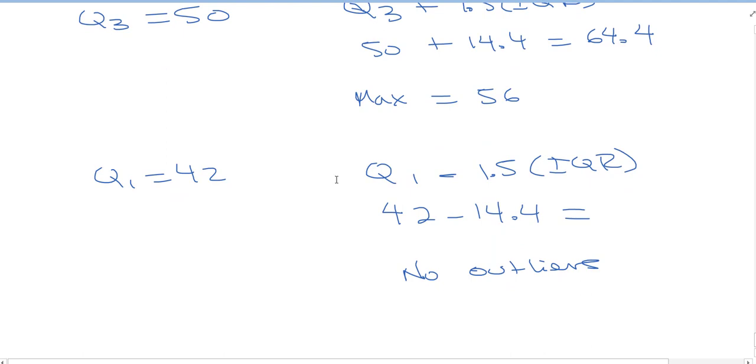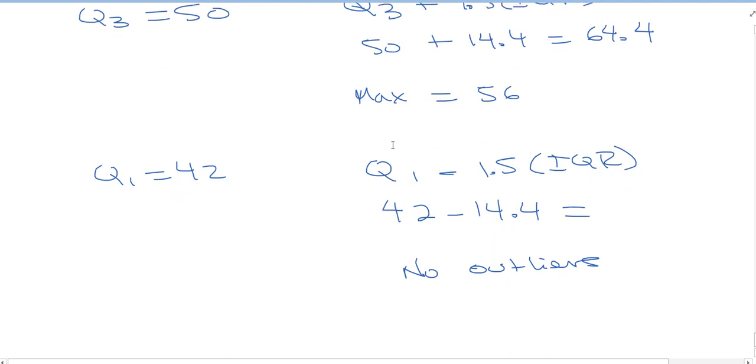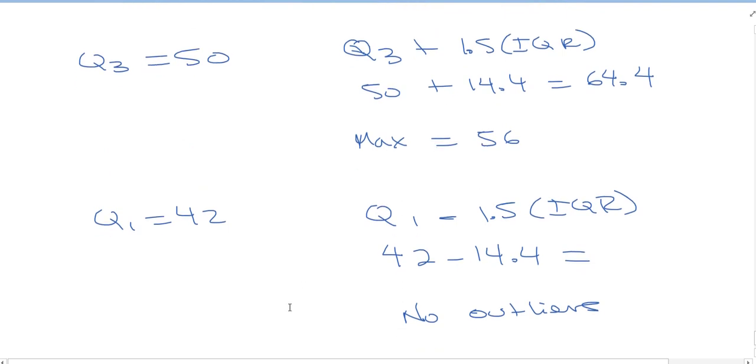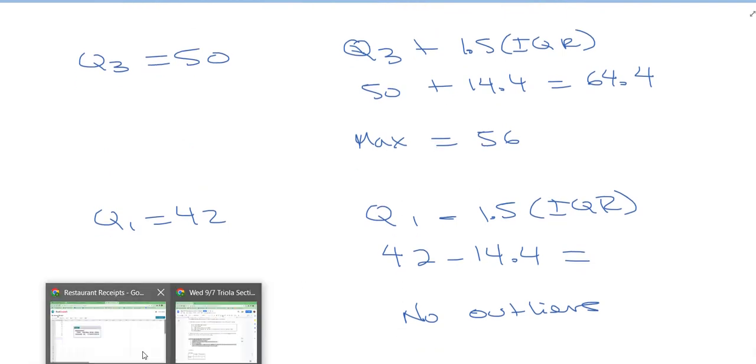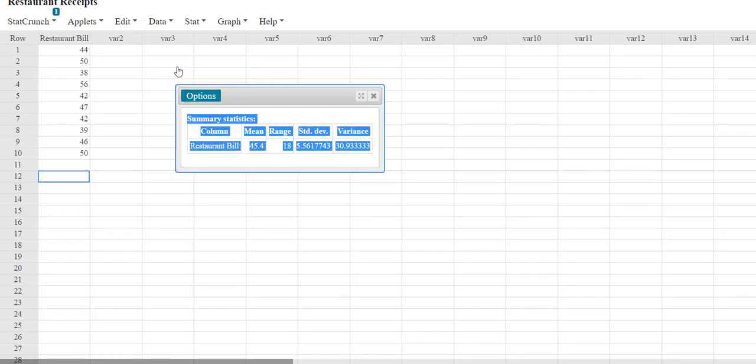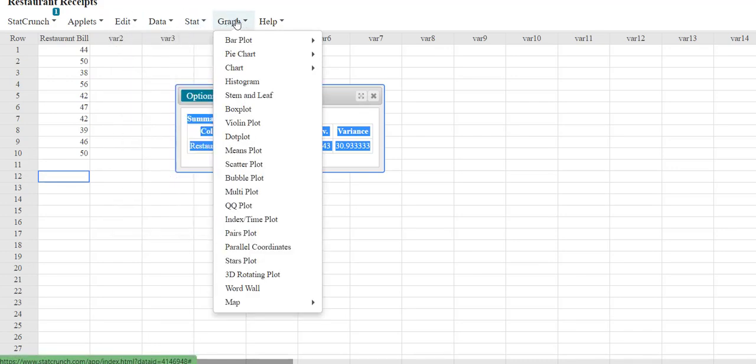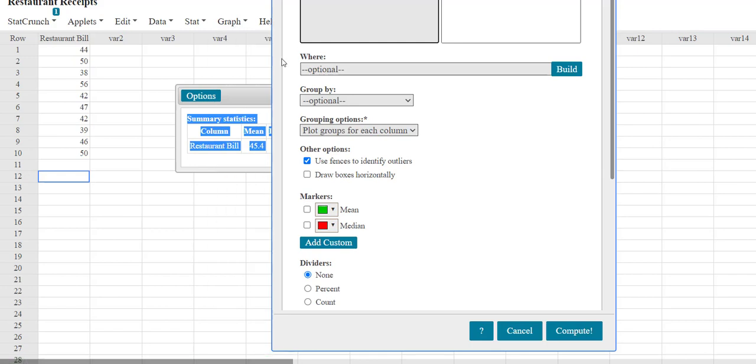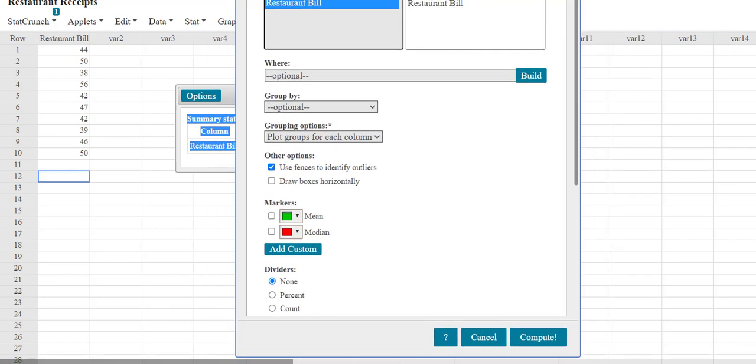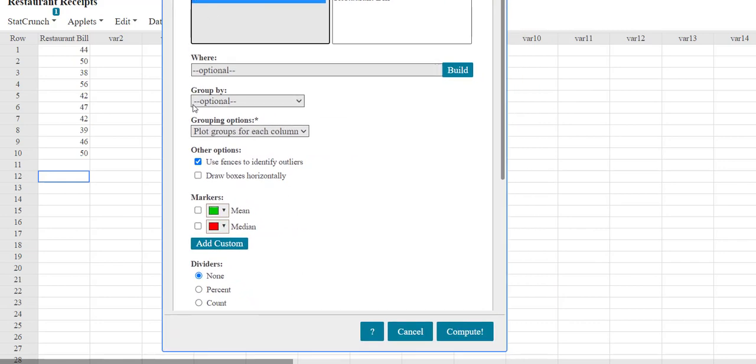A quick way to see about outliers, so this is the mathematical way to do it by hand, but if you go to Statcrunch, let's look at the outliers that way. So here's our Statcrunch. We're going to go to graph and box plot and restaurant bill. And with box plot, as we had mentioned in the previous section, it is really important to draw the boxes horizontally.